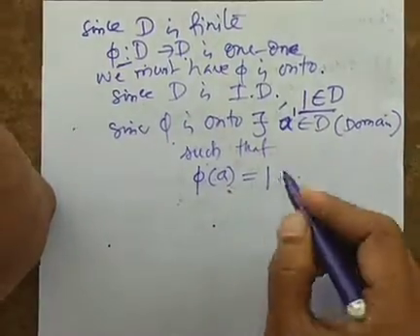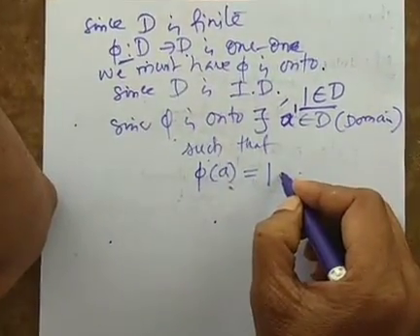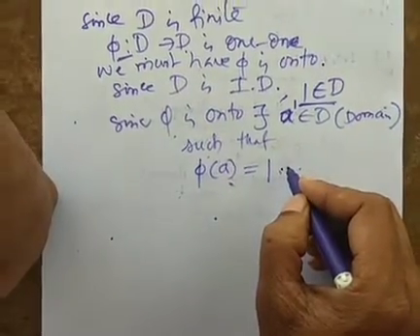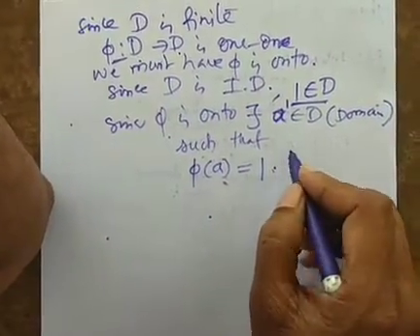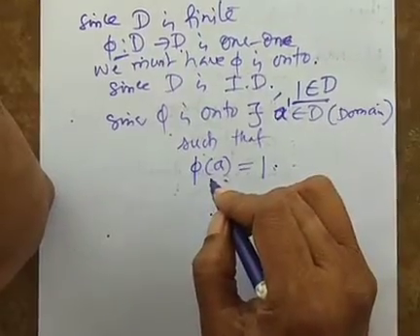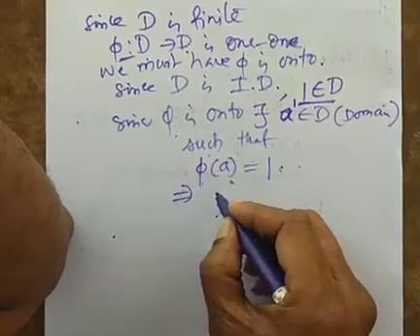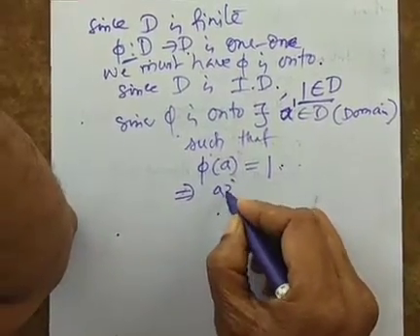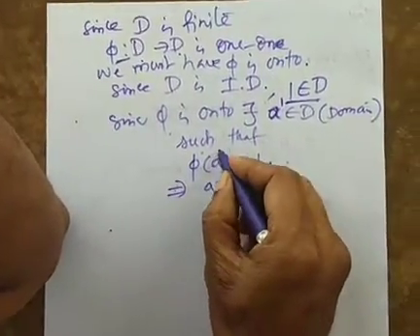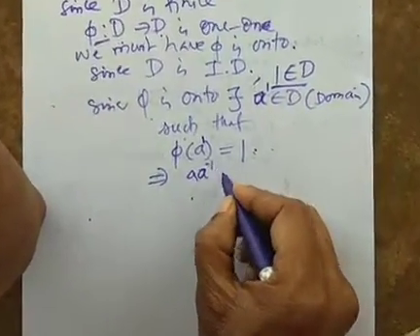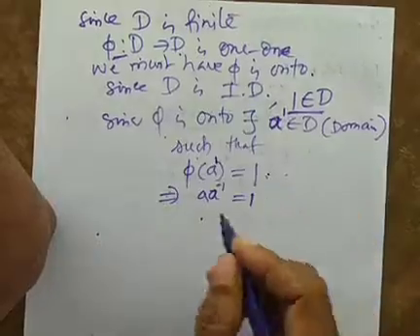This is since pi is onto, so every element in D must have a pre-image with respect to pi. Therefore pi of a dash = 1, and pi of a dash means a a dash = 1.